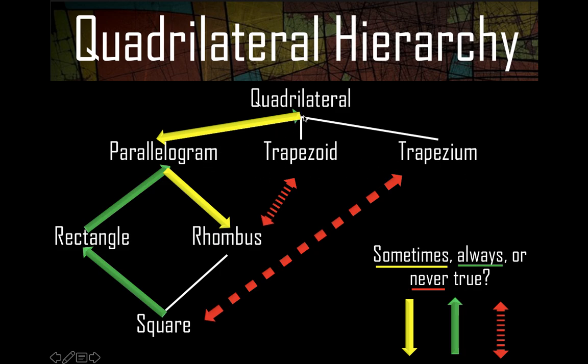If you have a quadrilateral and you're trying to decide if it's parallelogram, trapezoid, or trapezium, when you pick which one of these 3 it is, that is where you are going to go. You are not going to ever cross and say, it's a rhombus, maybe it's also a trapezoid. That will never happen. It will never be a parallelogram and a trapezoid at the same time, because those are 2 very different things.